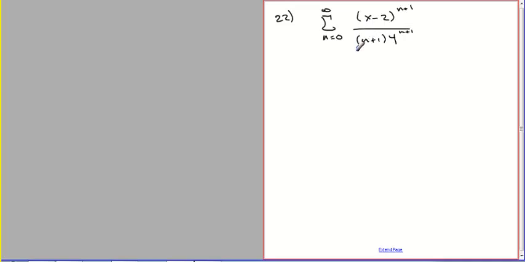Okay. So we always say u sub n is the original expression inside the summation. And then we do u sub n plus 1. So n plus 1 is going to become n plus 2.